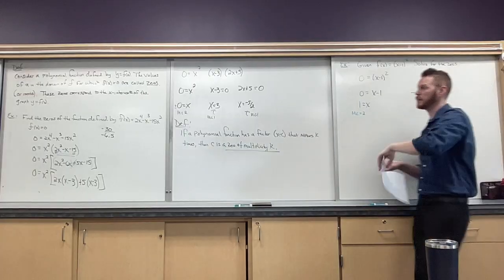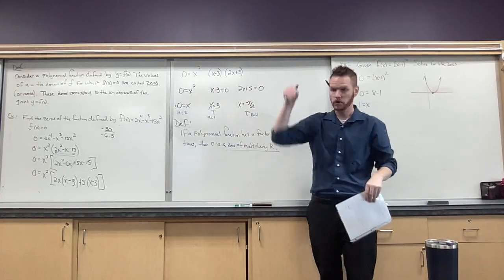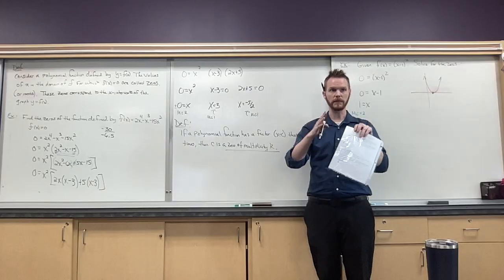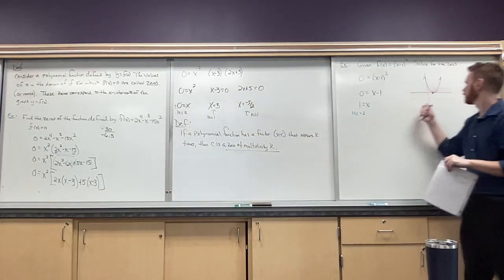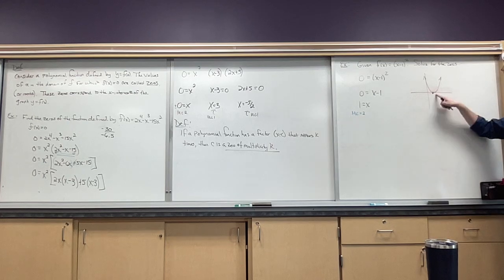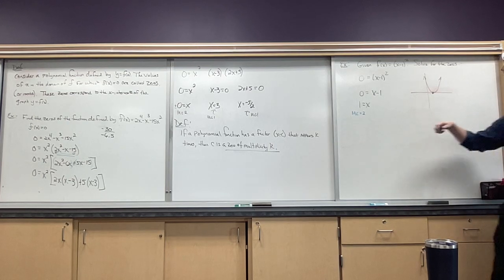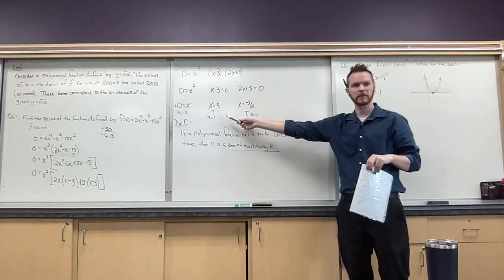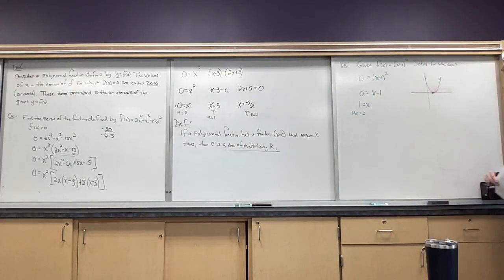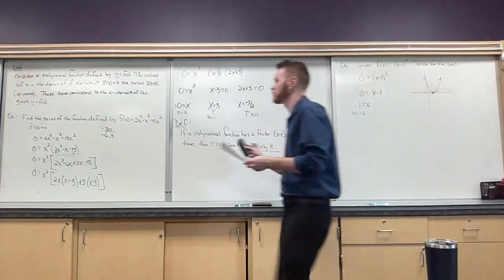If you have a multiplicity of 1, it's going to go right through the x-axis. Okay? So if it's an even number, can you say it bounces? Right? It doesn't go across the x-axis. If it's an odd number multiplicity, it will go through at that point. Okay? So that's what multiplicities do, and that's what's going to help us graphing this. So let me go ahead and write that information down for you.